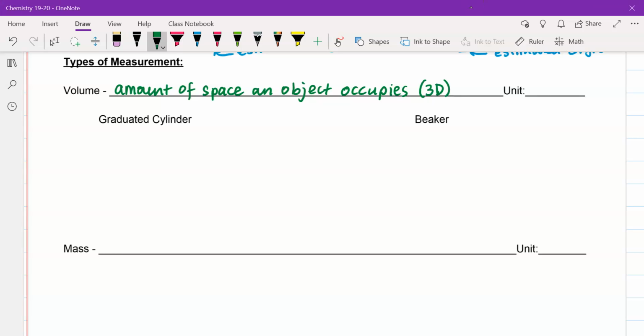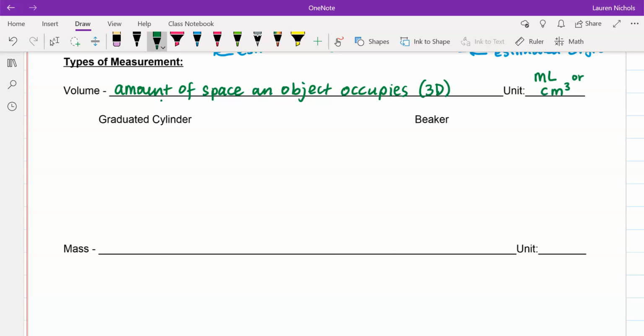Okay, now the unit that we use to measure volume, there are two most common ones that you'll see. You'll see milliliters, or you might see centimeters cubed. Now, how we get centimeters cubed is if you're taking the volume of a regular shaped object, a solid, a square, a rectangle, a triangular prism, a cylinder, any of those three-dimensional shapes, a sphere, you can use standardized formulas to get them.